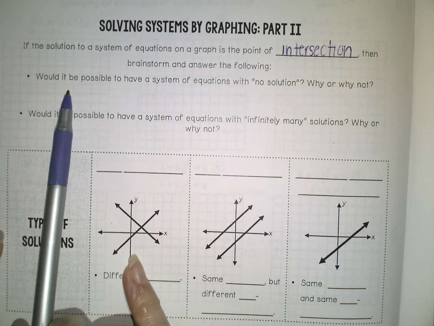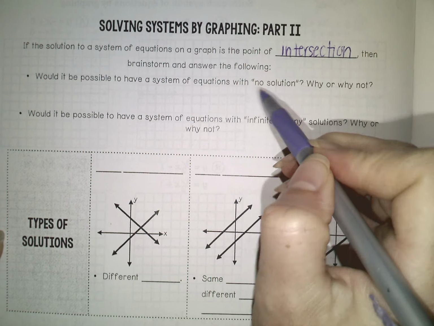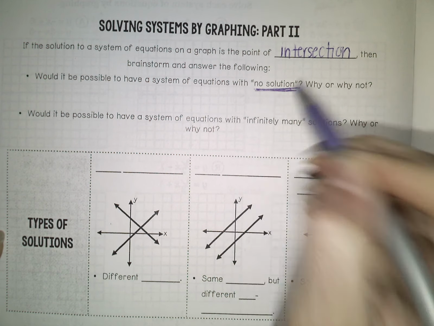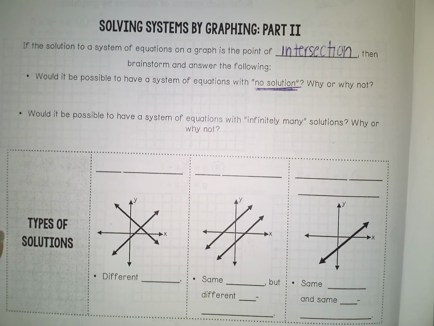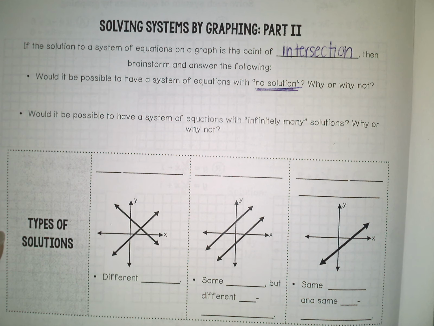Would it be possible to have a system of equations with no solution? Think back to when we were solving equations during the school year, when we had one solution, no solution, many solutions. Think about what it looked like when we had no solution. What would that look like for a graph?